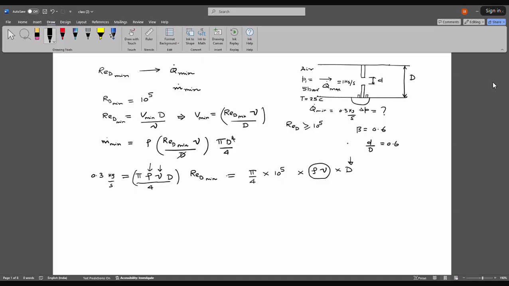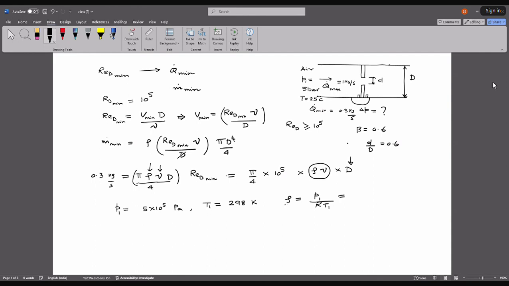So what do we know? We know that the pressure is 5 bar, that is 5 into 10 to the power 5 Pascal. We also know the temperature T1 is 25 degrees centigrade, which is 298 Kelvin. So corresponding to this condition, we can find the density of air just by using the ideal gas equation, rho equals p over R T1.